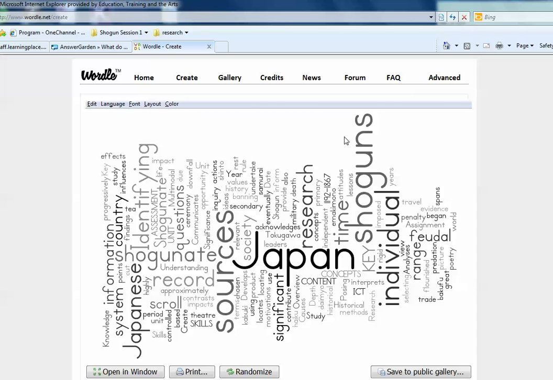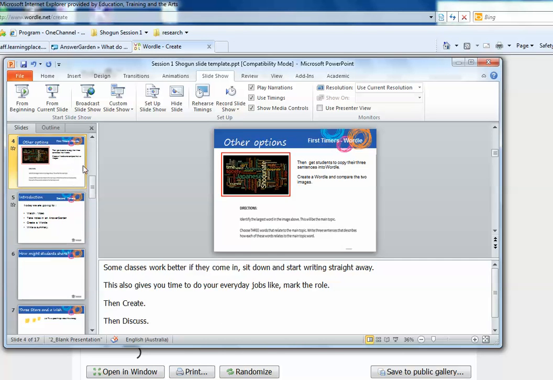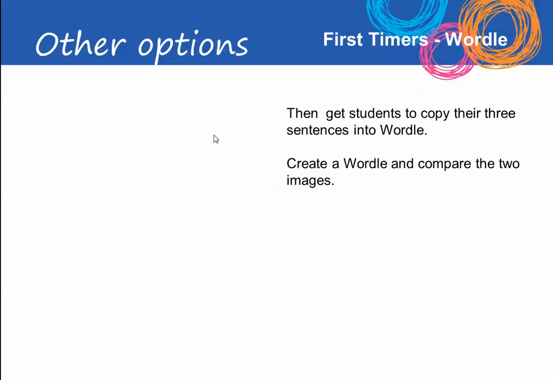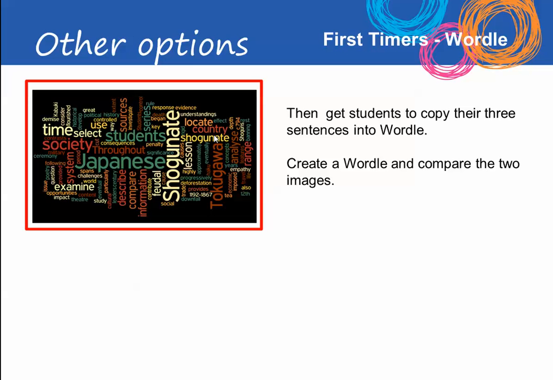To add a little bit to it, and again depending on the types of resources you have available to them, you could go to something like this next section. Once again this is first timers, and if you notice the Wordle that we created, there are still basically the same keywords that stand out.